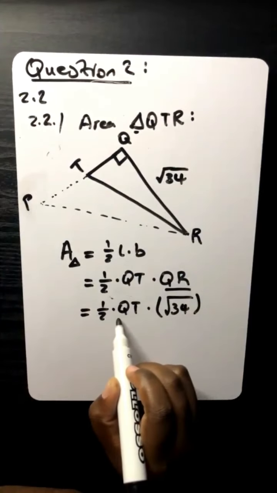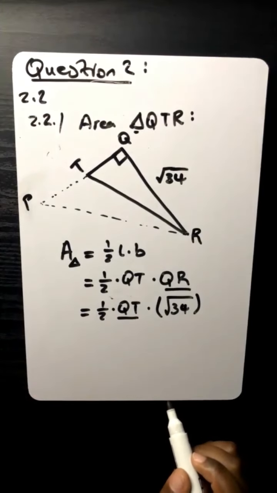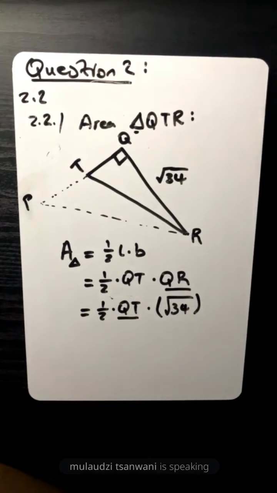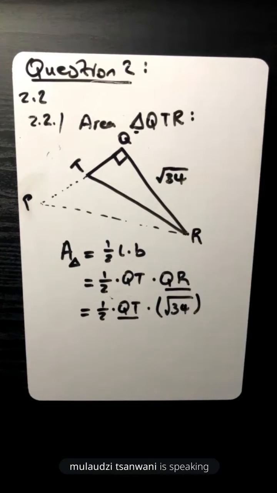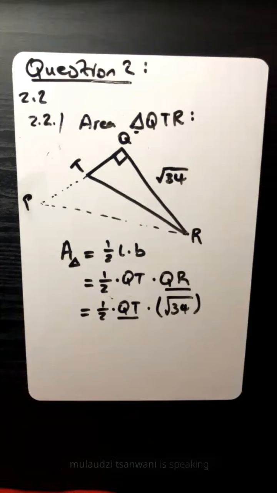But now, do we know anything about QT, or do you think we can find something about QT? Yes. What is it? Can I please ask a question? How about we divide the distance by 2 so that we can find TQ?